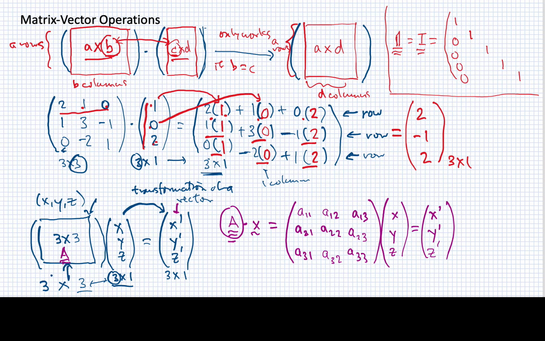The feature of this particular matrix is no matter what you multiply it by, you will get the same thing back. That is to say, this is like multiplying by 1. So we'll see this identity matrix a lot.